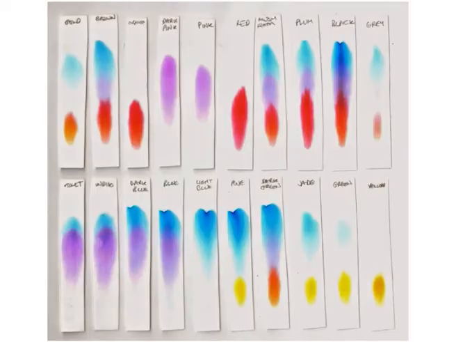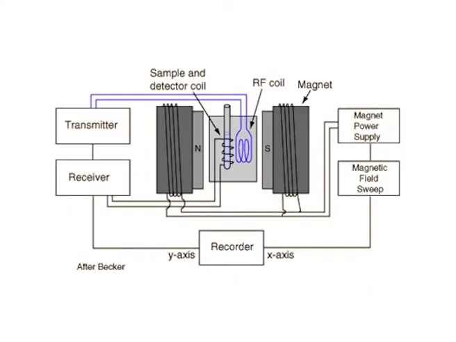Nonetheless, final identification generally requires confirmation by some other analytical procedure such as infrared spectroscopy, nuclear magnetic resonance or mass spectrometry. Quantitative analysis can be carried out by measuring the area of the chromatographic peak. Hence, chromatography can be used for qualitative and quantitative analysis.